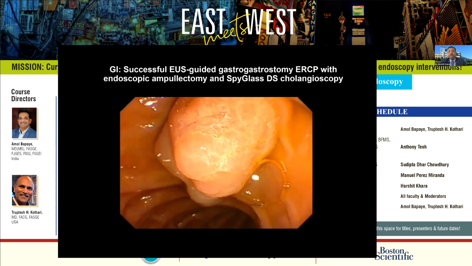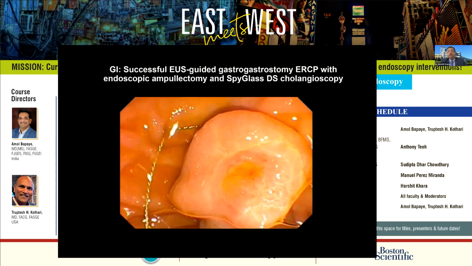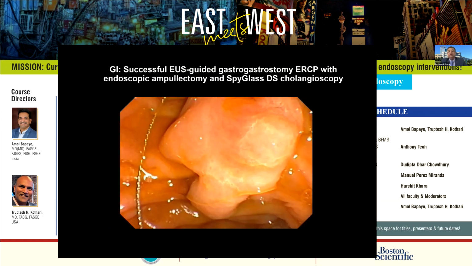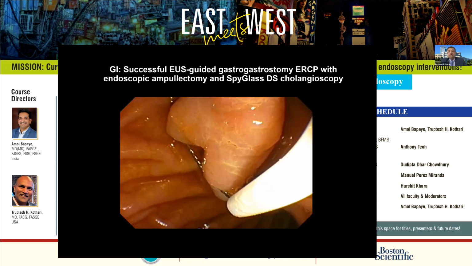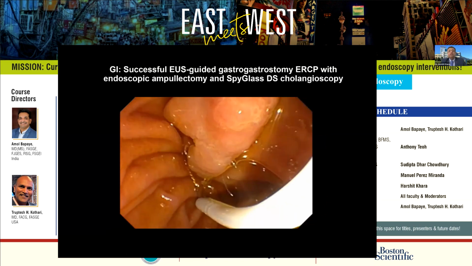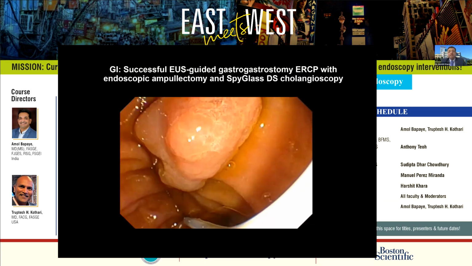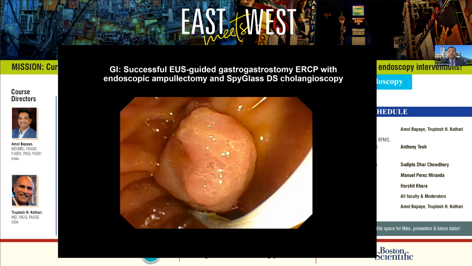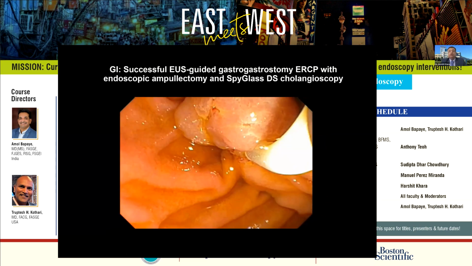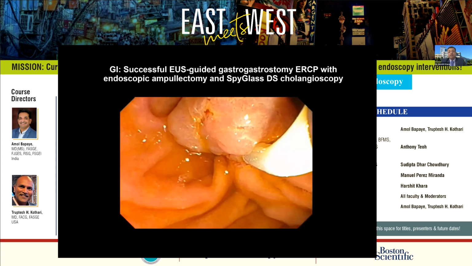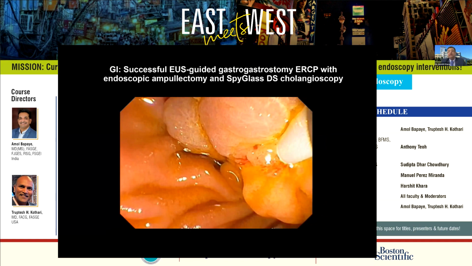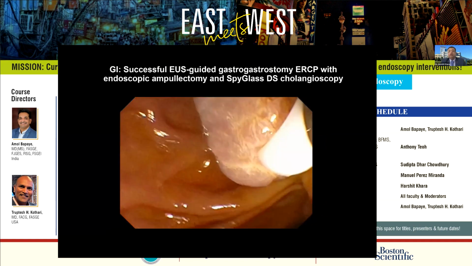And lo and behold, we were able to find the ampullary obstruction, which was this huge ampullary adenoma. I do single session procedures, so single session EDGE, especially in cases like this, where we're able to dilate the stent and be able to go through it and then perform a therapeutic maneuver, which could be choledocholithiasis, or in this case, it was a large ampullary tumor.